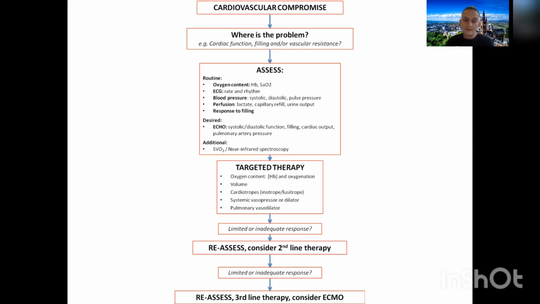Or it may be targeting the systemic vascular resistance, either to increase it using a vasopressor or reduce it using a vasodilator. And then our approach should be to assess in response to our treatment and see if we've had a limited or an adequate response. And if we haven't had an adequate response, then to reconsider a second-line therapy.